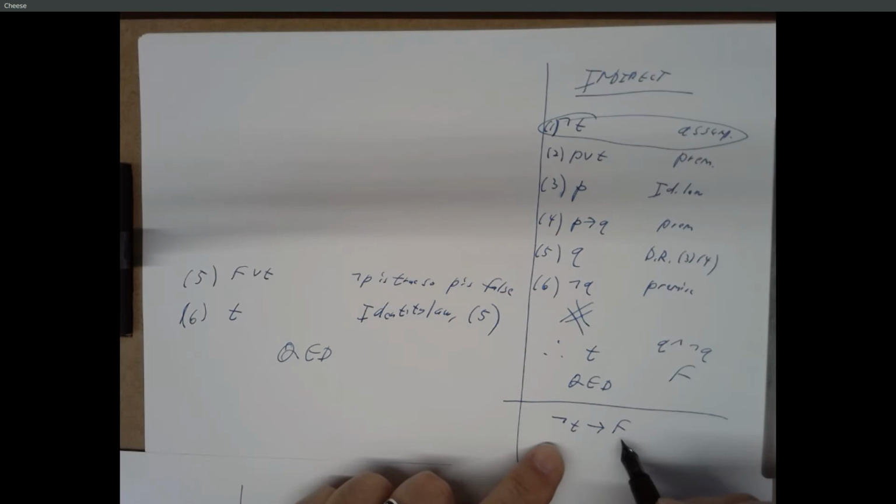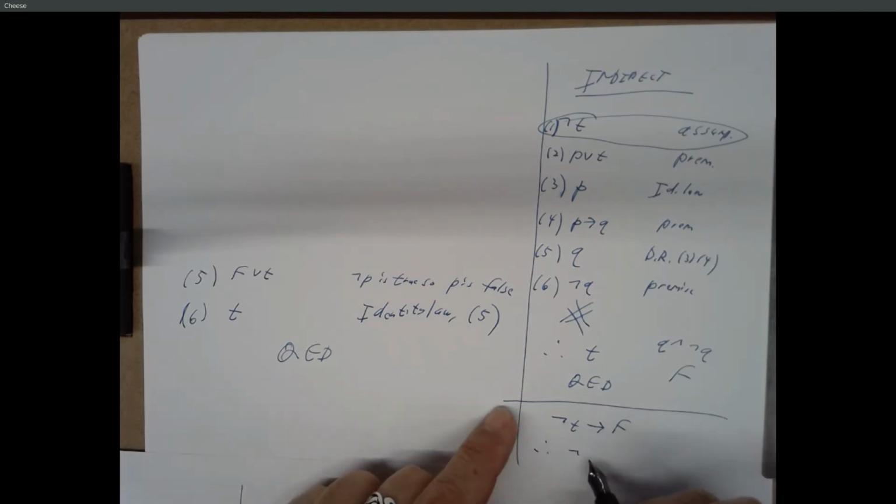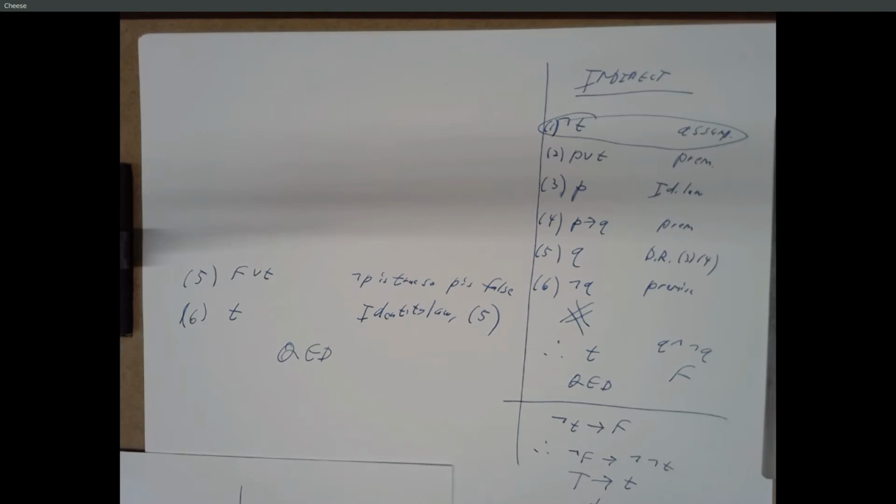Since we've proven this, we've also proven the contrapositive, which is logically equivalent, which means not false implies not T, which means true implies T. And since true is true, then T must be true. So it's almost the same as a direct proof. We're just directly proving the contrapositive, basically. So there's a variety of ways to do 5.